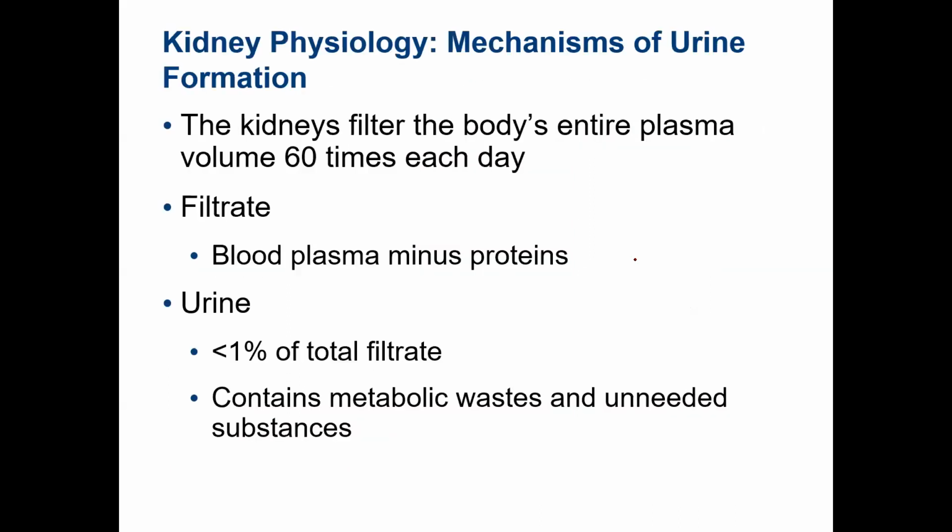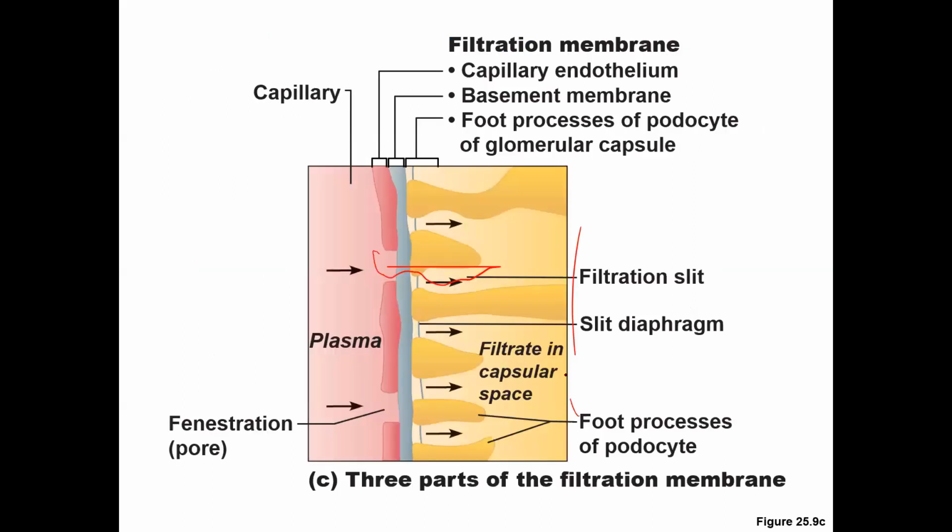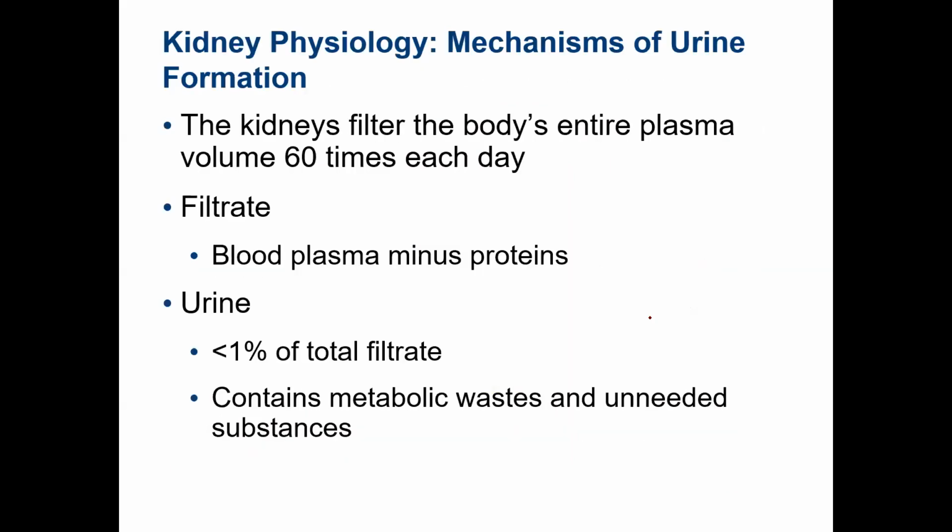Like I said, the kidneys filter your plasma about 60 times a day. The fluid on this side of the filter is called filtrate. And it's pretty much plasma minus the proteins. Urine is less than 1% of that. So we throw everything out, and 99% of it we're going to move right back into the blood.